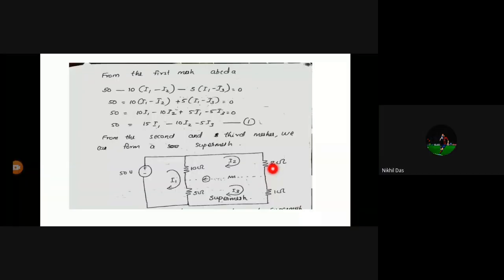So if you are considering this super mesh, you should assume that the current through this super mesh is higher. In the 2 ohm and 1 ohm resistor, the currents flowing are I2 and I3. You should write the equation yourself, then only you can do the problems during the examination time.